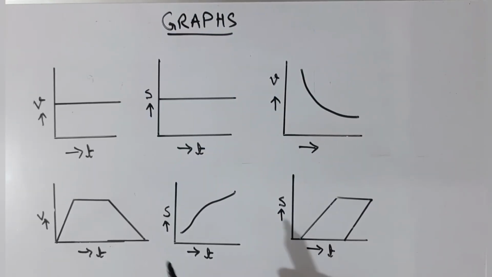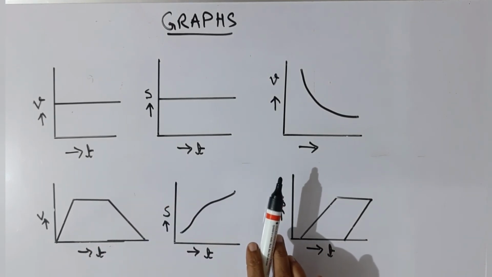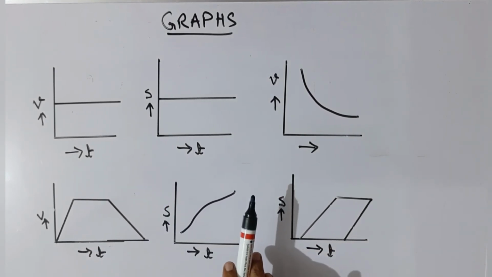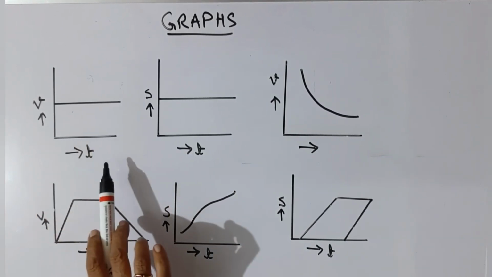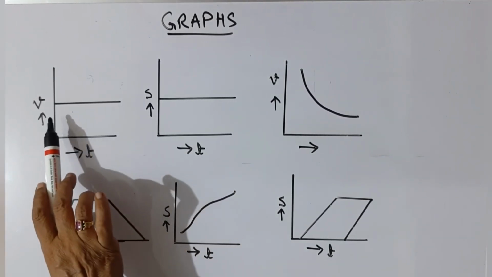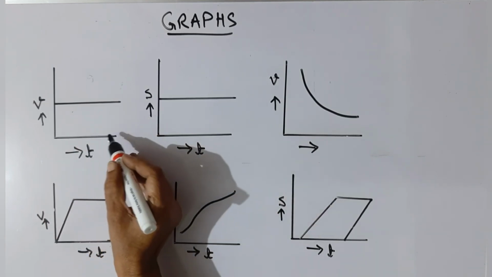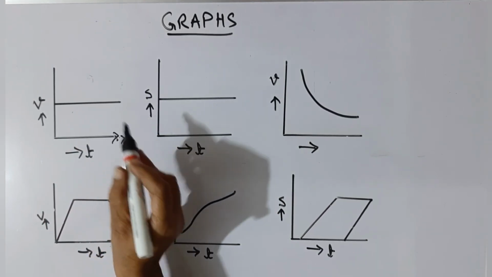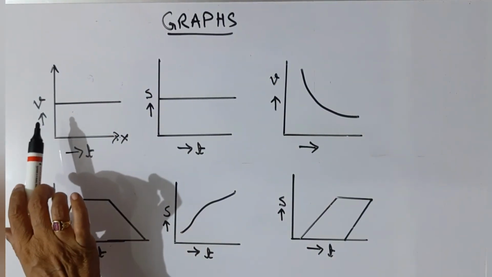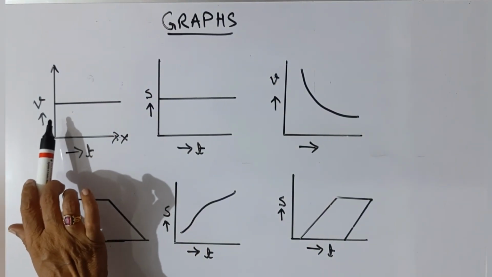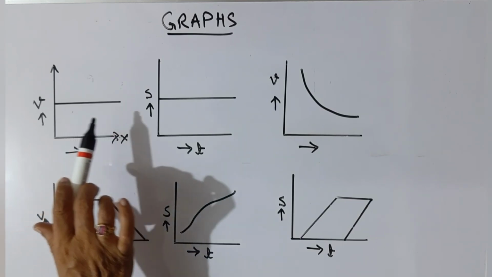Let us try to look at these graphs and try to interpret them. This is a velocity time or a speed time graph. We see that it is a straight line parallel to the x-axis. What does it mean? It means that the velocity or the magnitude of the velocity remains constant.